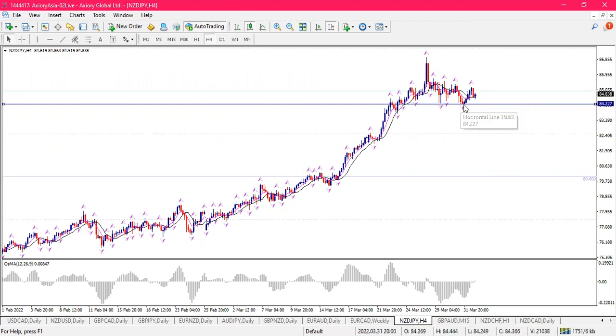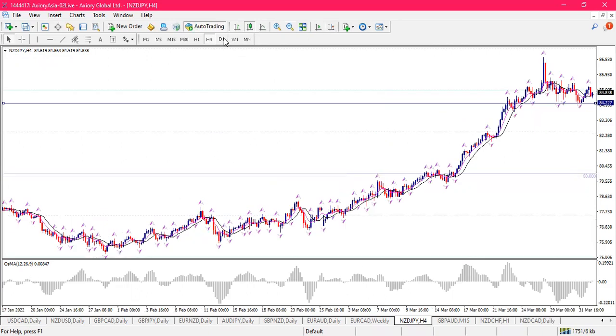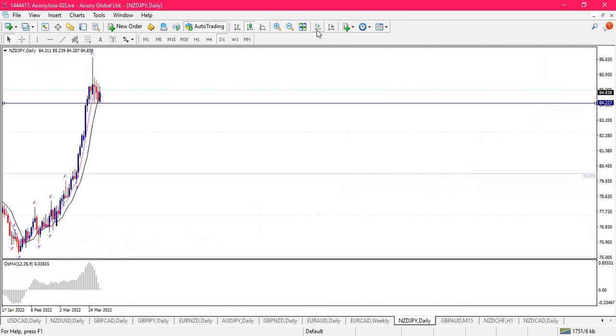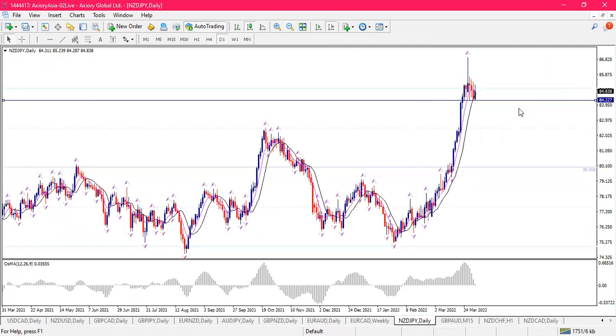And if price doesn't work out that way, then we should be able to see price not breaking below this low and just simply going back up for possible up movement on the chart, though it's likely that will happen. I expect to see a move down from here, but if that doesn't work out, then we should be able to see price trying to break above this last high that we see here.